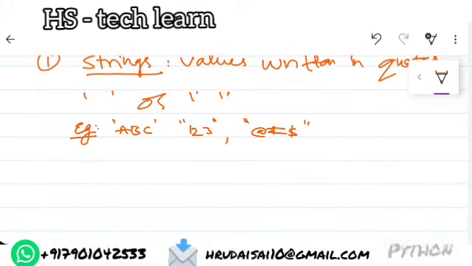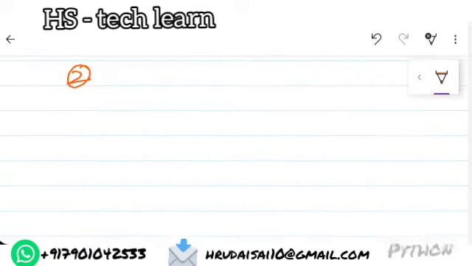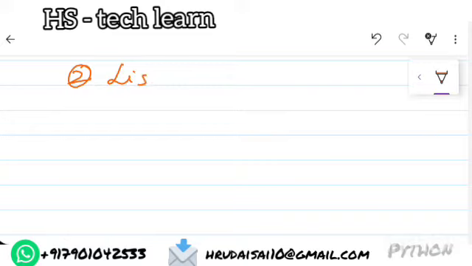And what is the next sequence? So list. Okay, so what are lists? Lists are the set of values that are stored in square brackets, and those are comma separated values.